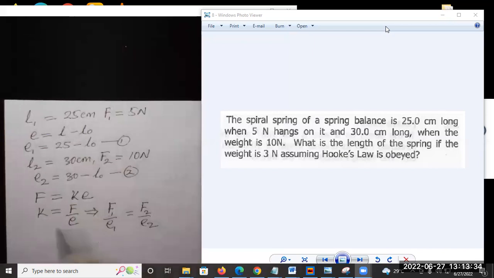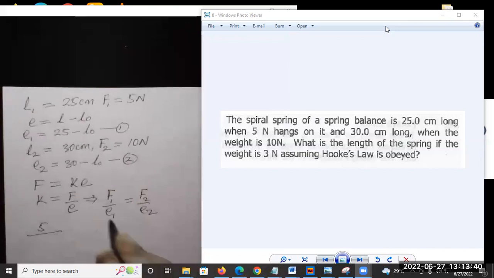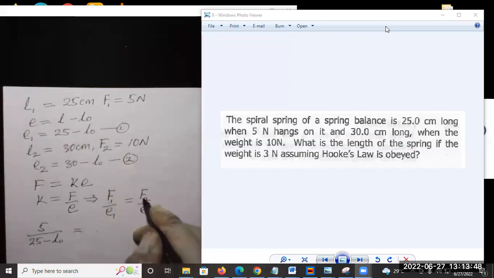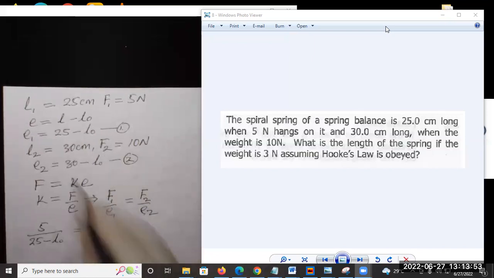F1 here is 5, over E1, that is 25 minus the original length. F2 here is 10, over E2, that is 30 minus L naught.